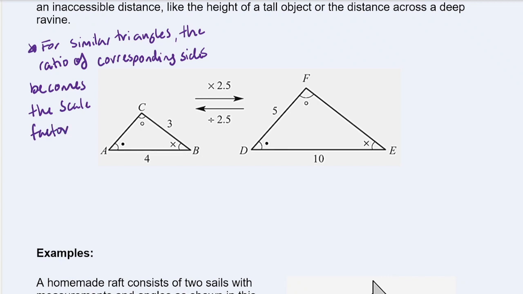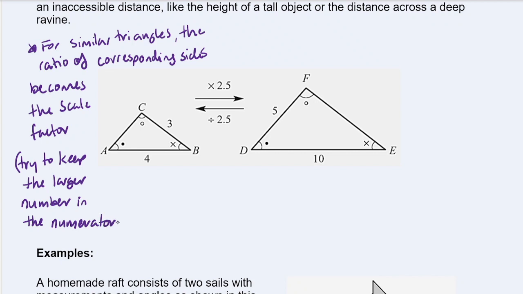That's important because we need to do that. Now usually we try to keep the big numbers on top, in the numerator, we should probably say. It just makes it a little bit easier to get a whole number, or even just an easier to use number and not ridiculous.